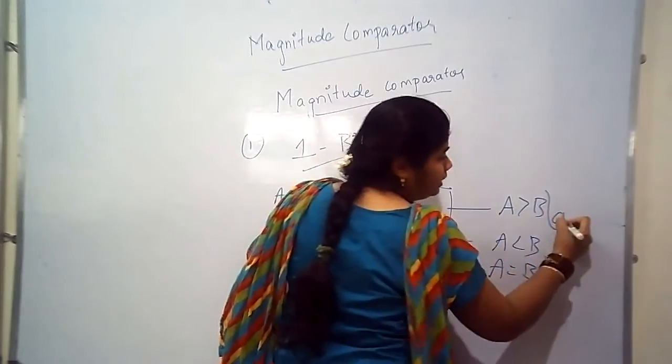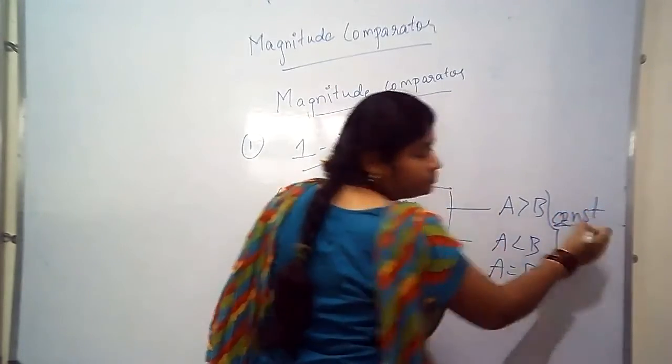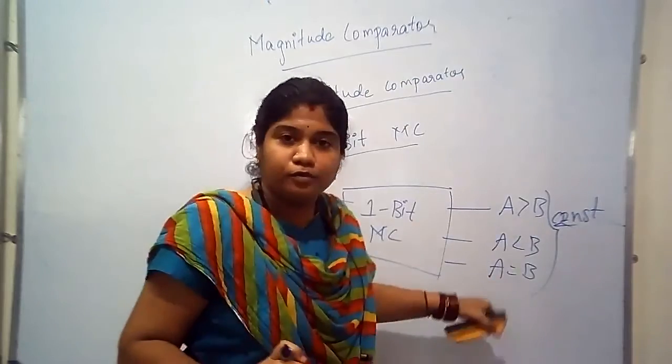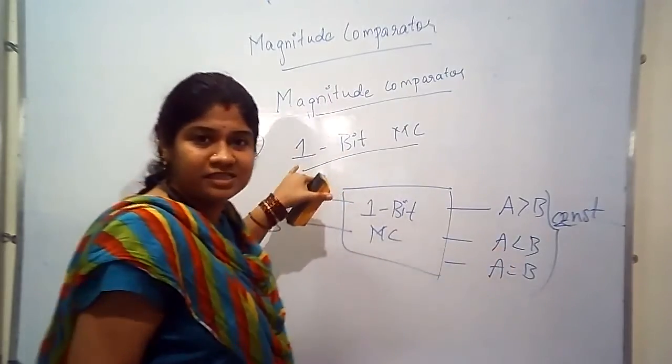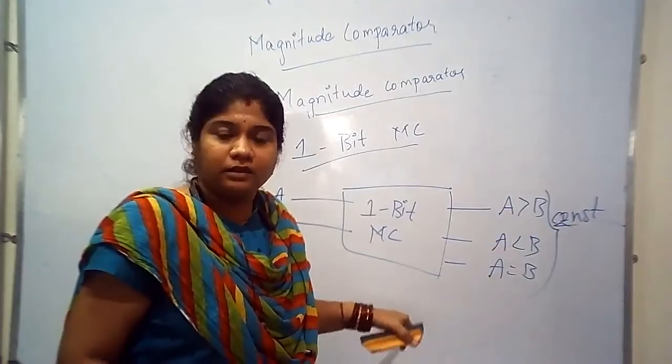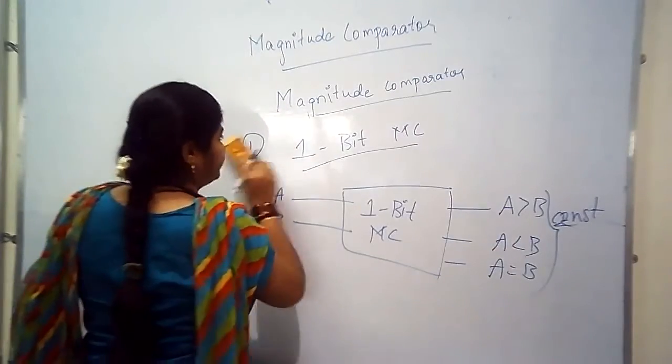These three outputs remain constant. So this is the 1-bit magnitude comparator. Next, I will go with the 2-bit magnitude comparator.